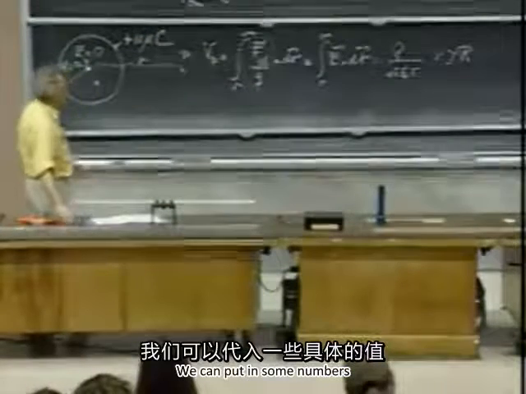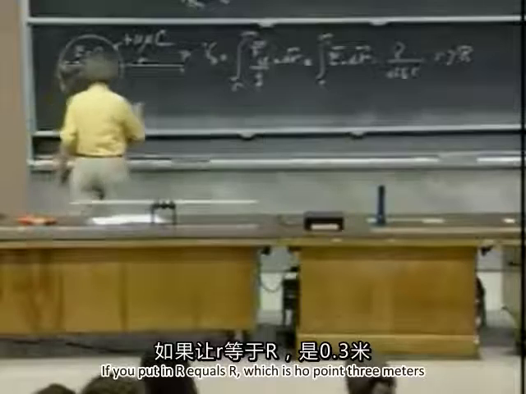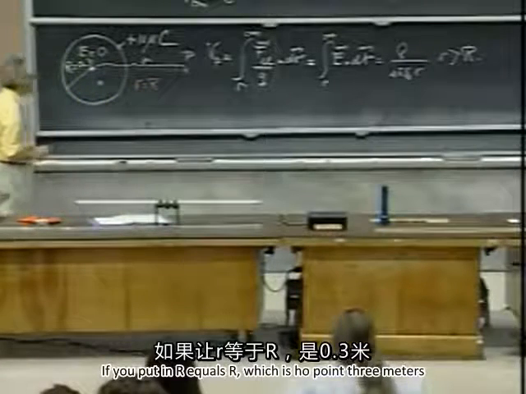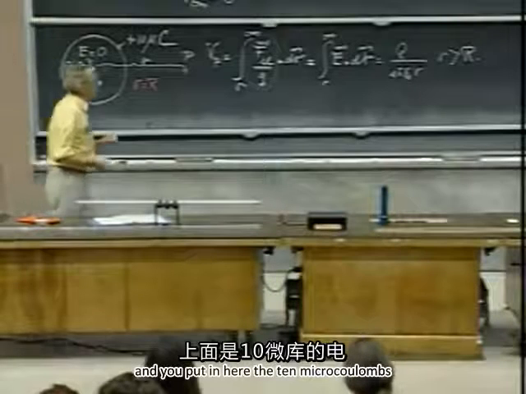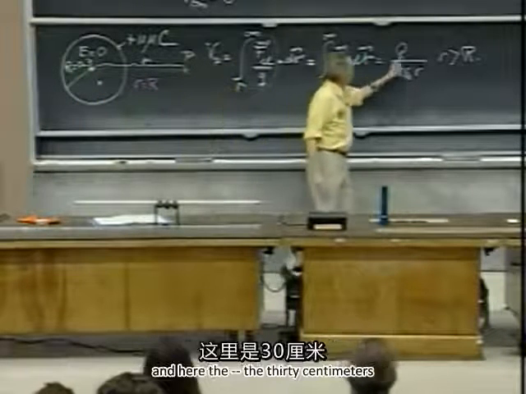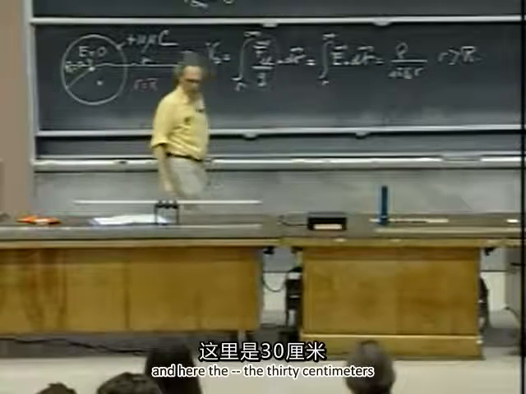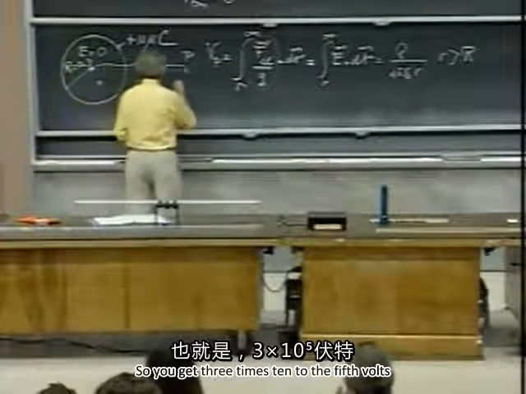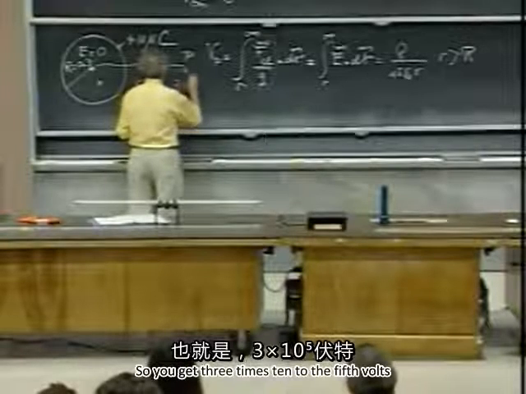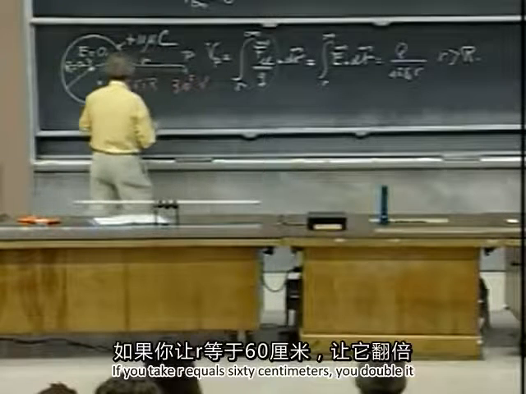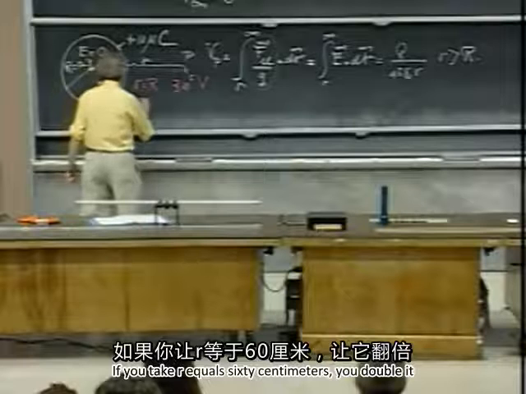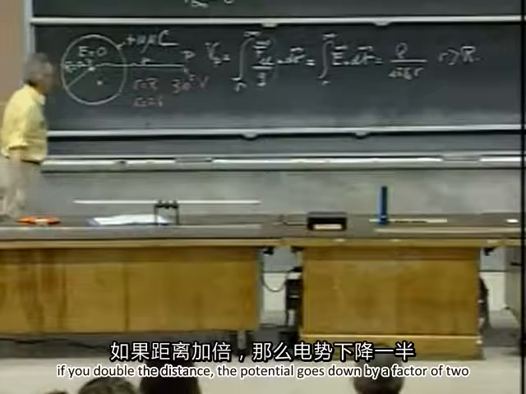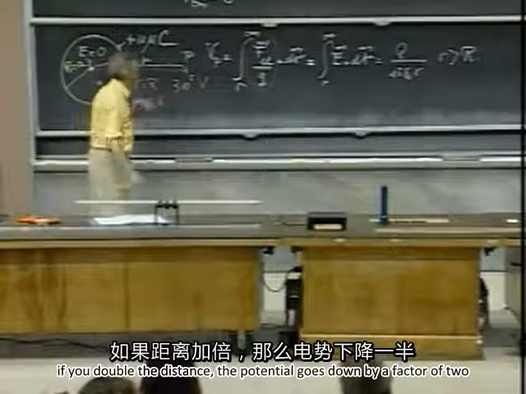We can put in some numbers. If you put in r equals R, which is 0.3 meters, and you put in here the 10 microcoulomb and here the 30 centimeters, then you'll find 300,000 volts. So you get 3 times 10 to the 5th volts. If you take r equals 60 centimeters, you double it. If you double the distance, the potential goes down by a factor of 2.